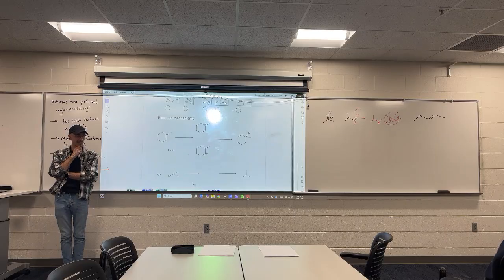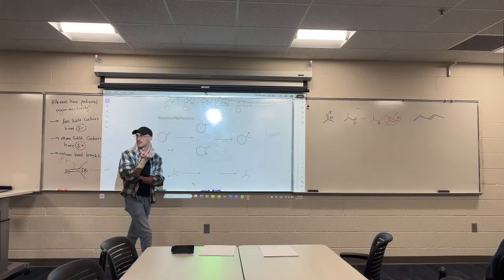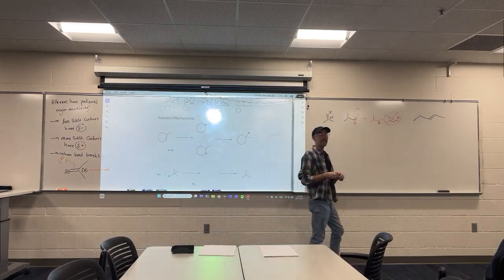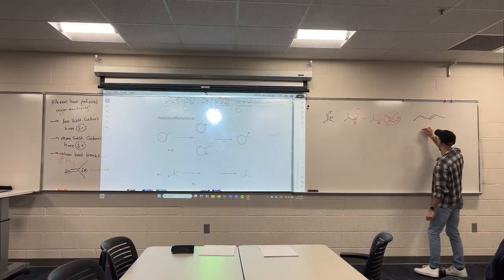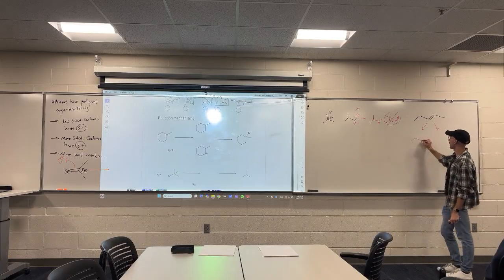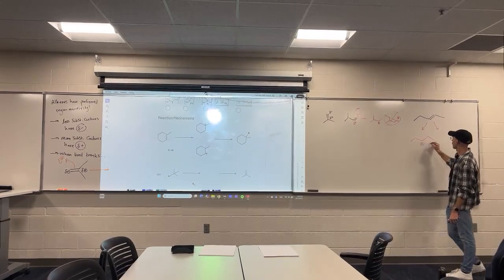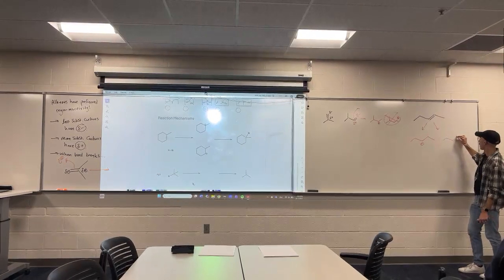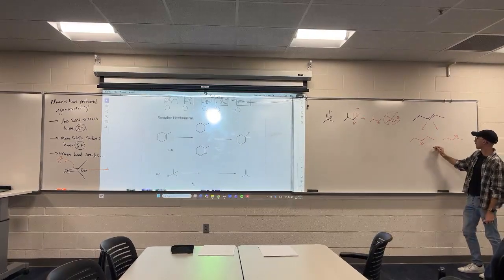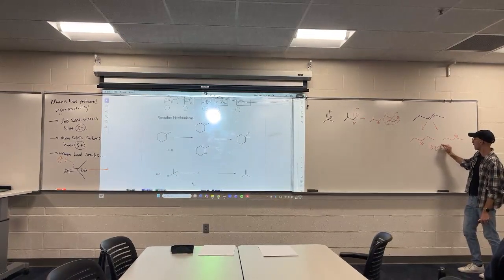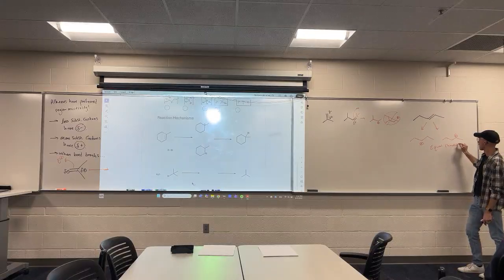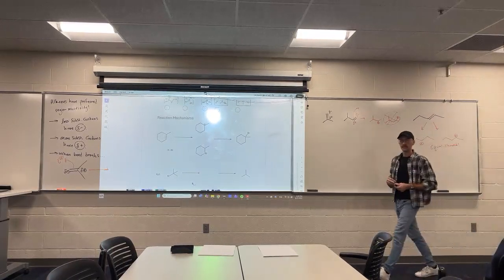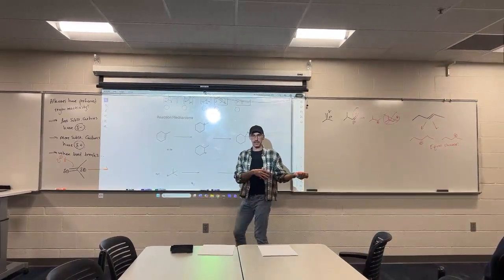It's in the middle, so it's bonded to more carbons? It's not. Those two carbons are equally substituted. That means that I have an equal chance of either carbon reacting, and I could get two intermediates.